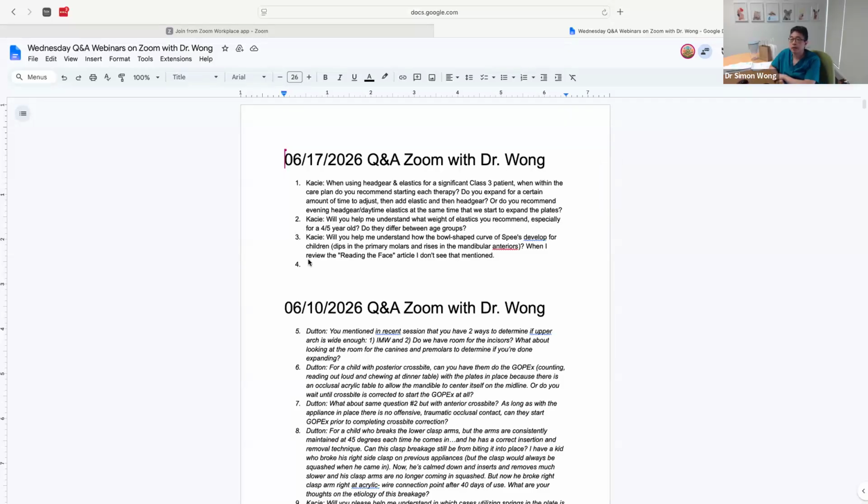All right, next question. Will you help me understand what weight of elastics you recommend, especially for a 4 or 5-year-old? Do they differ between age groups? If we're talking extraoral traction with the reversible headgear, if they're very young, 8-ounce elastics.